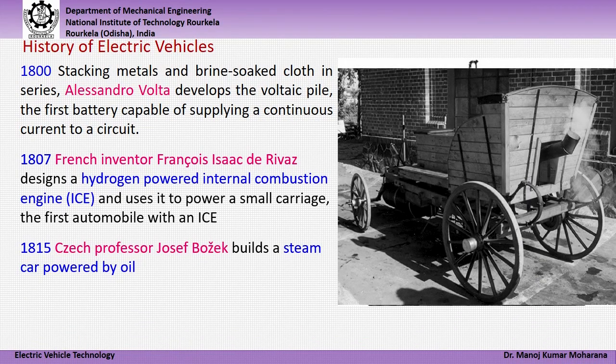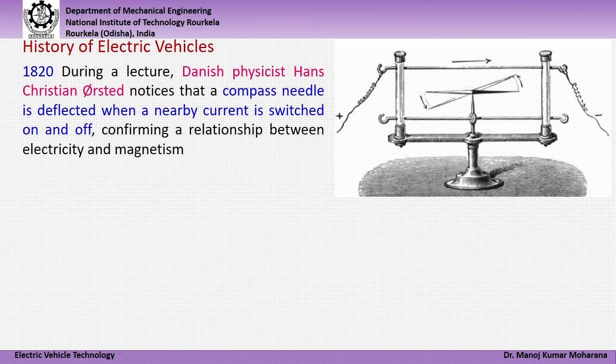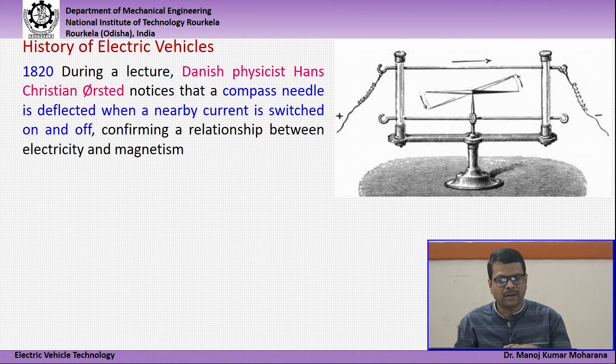In the year 1815, Czech professor Joseph Bojek built a steam car powered by the oil. You can see on the right hand side that photograph. Then in the year 1820, Danish physicist Hans Christian, he was giving a lecture on electricity.